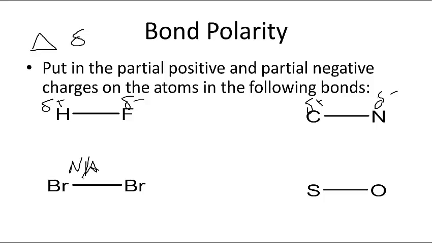But here, I did not give you the electronegativity value for S. How do you know which one is more electronegative, Nathan? They're in the same group on the periodic table.